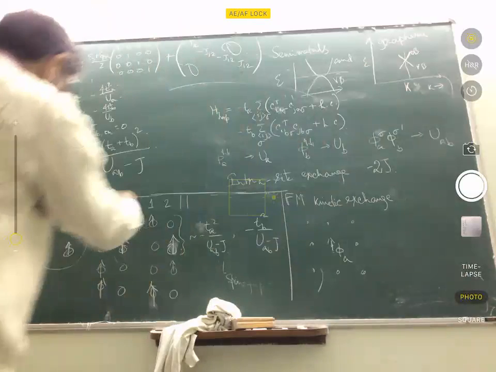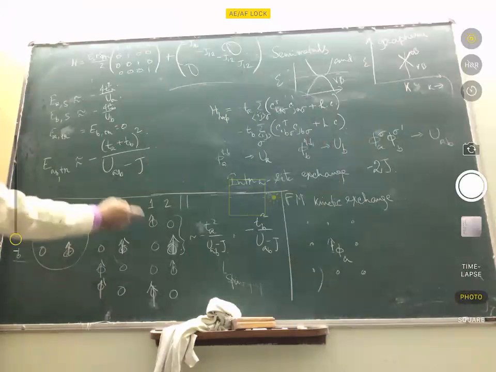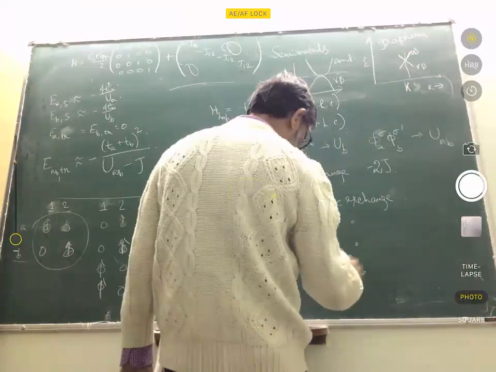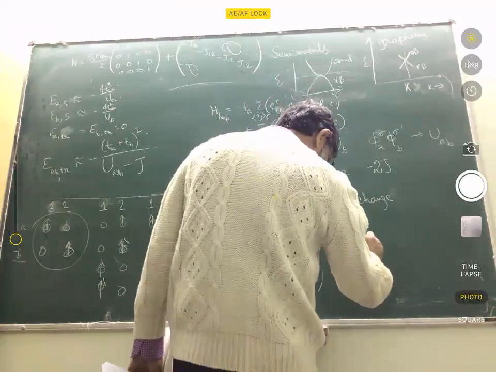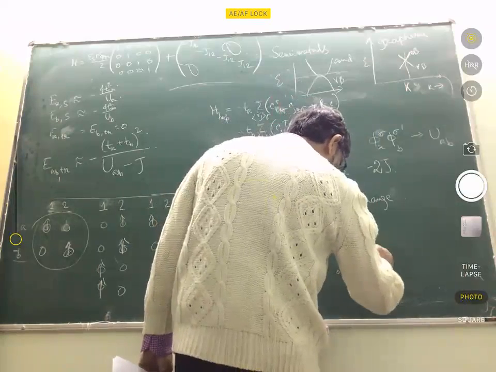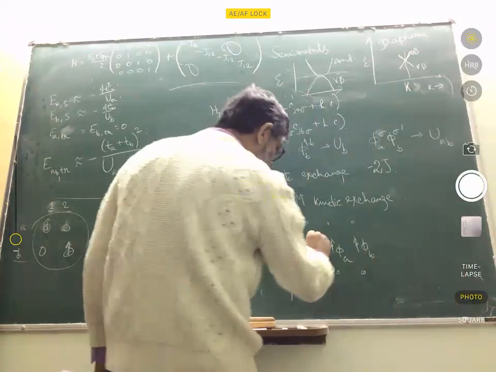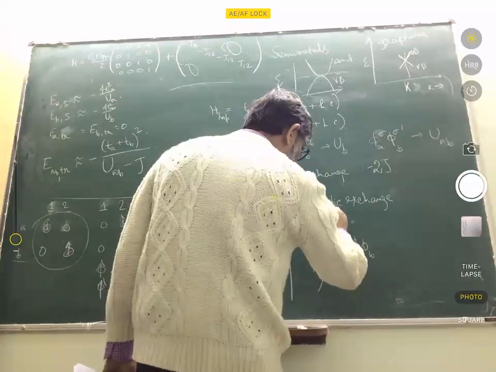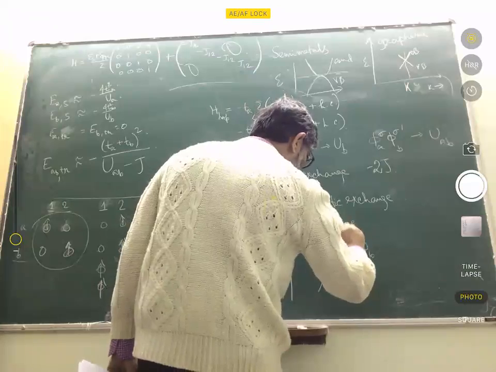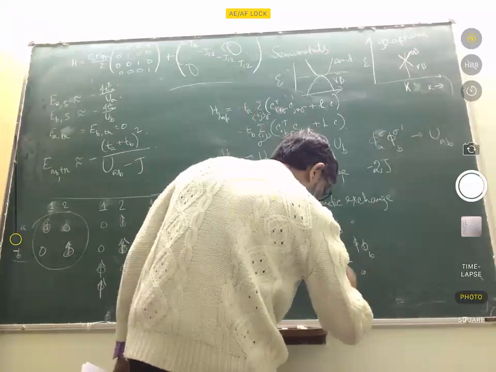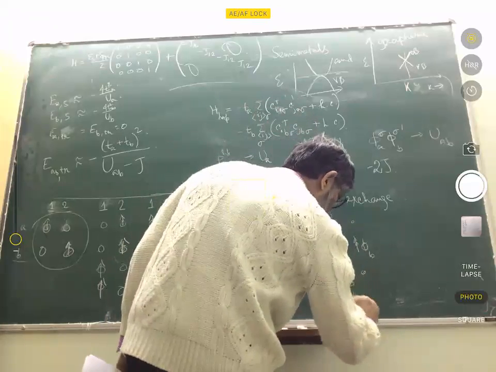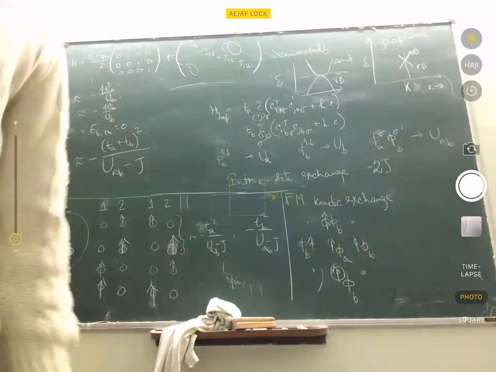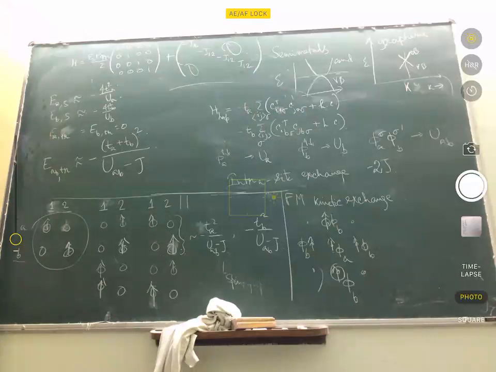Now, for the system to gain this energy because of this kinetic exchange, this can hop to 4 of its nearest neighbors. These sites have to be occupied, I mean the phi B's have to be occupied here. So that's the important understanding: on alternate sites, phi A and phi B orbitals will be occupied.